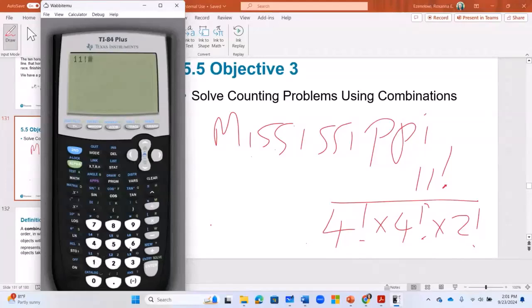Be careful when you hit divided by, you must use parentheses, because you're dividing by multiple things. Divided by 4 factorial. So go to math, arrow to PRB, number 4, multiply again by another 4 factorial, math, PRB, and multiplied by 2 factorial.